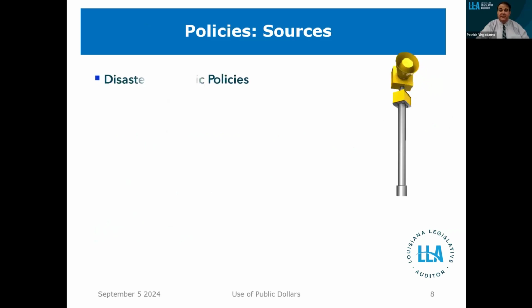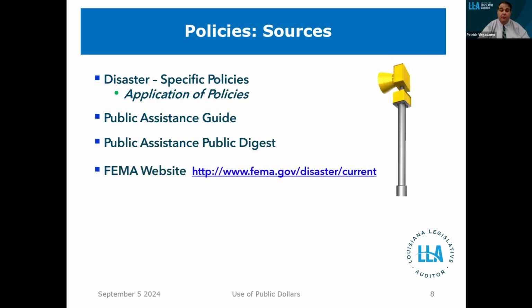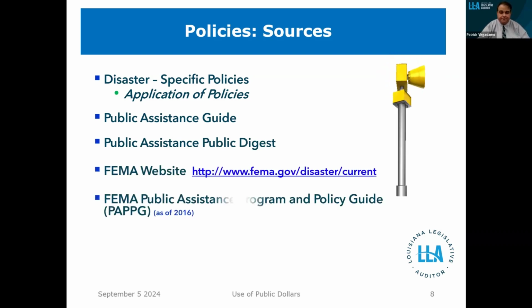Now, policies, there are disaster specific policies that FEMA may also promulgate. The application of those policies are going to be specific to that disaster. Examples: the Public Assistance Guide, where FEMA has put out policies on how they're going to expect and interpret certain requirements. You also have the Public Assistance Digest, and those can all be found on the FEMA website.